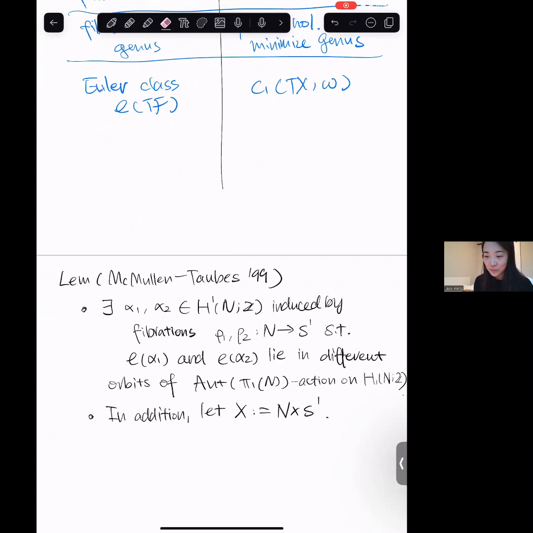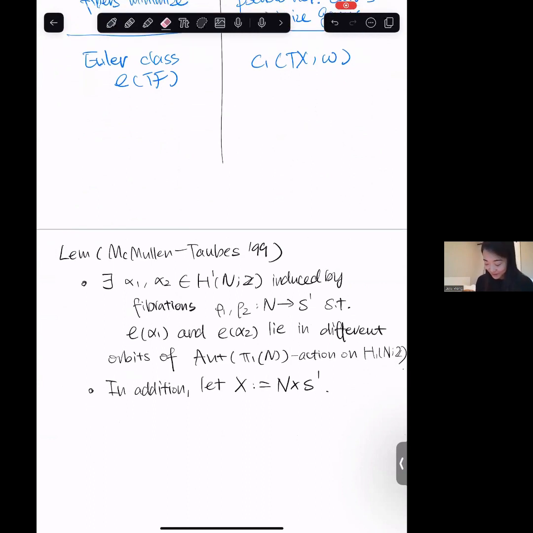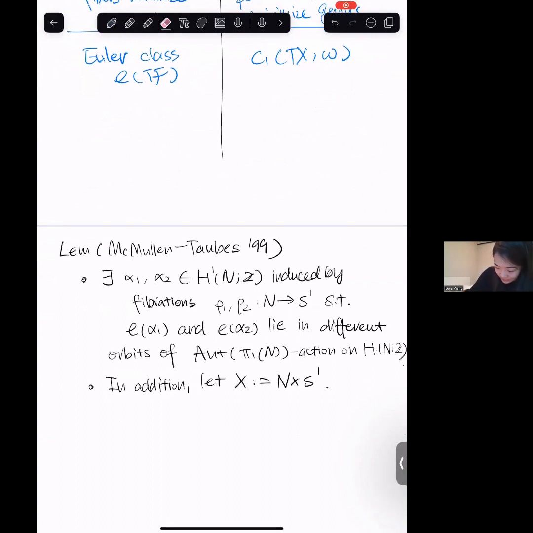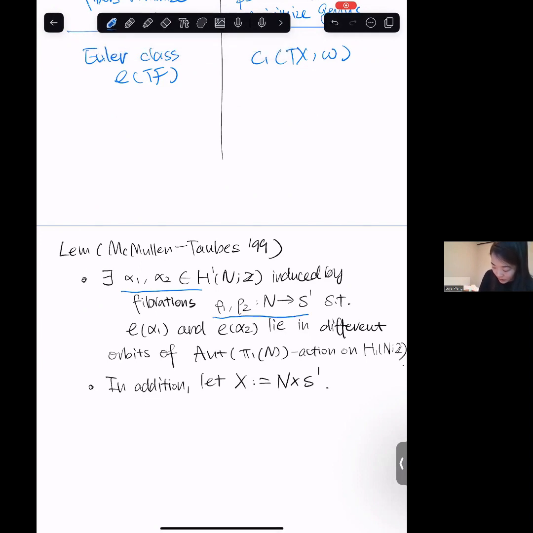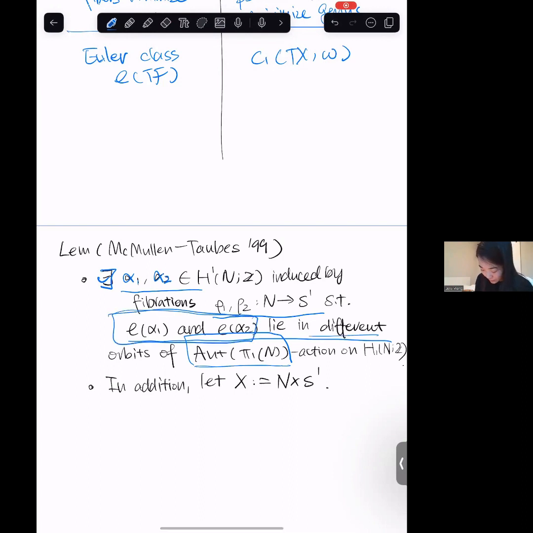Well, they really show more, but in particular, they show that if there exist two first cohomology classes induced by two fibrations such that their Euler classes lie in different orbits of the action of Aut of pi1 of your 3-manifold.